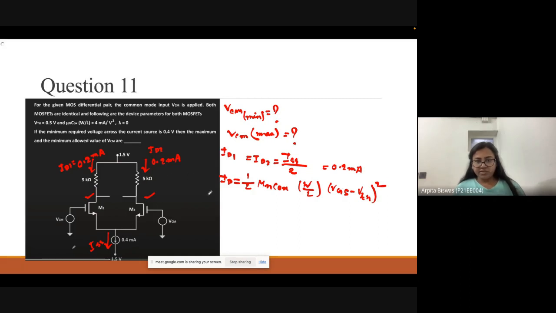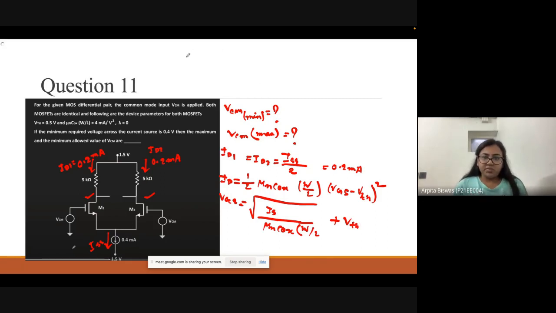Then what is the value of VGS? Because twice of ID equal to ISS, right? So we can write VGS equal to root over ISS by mu n Cox W by L, plus VTH.